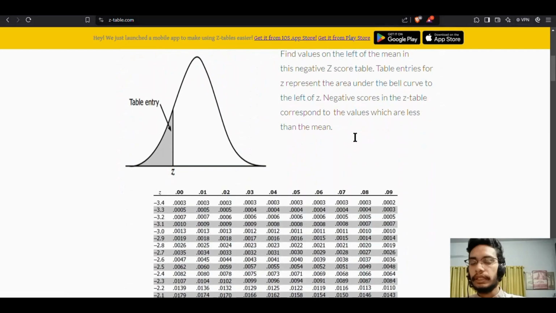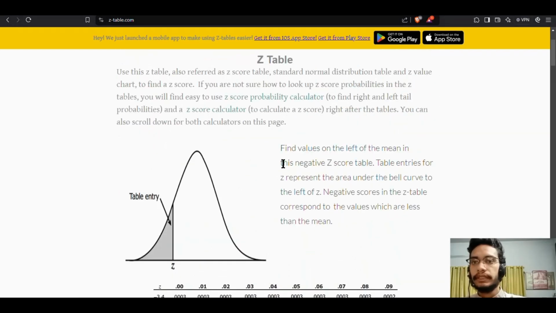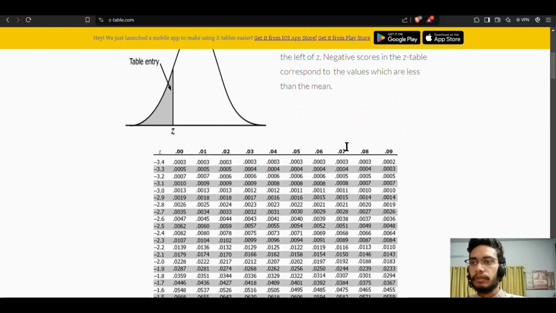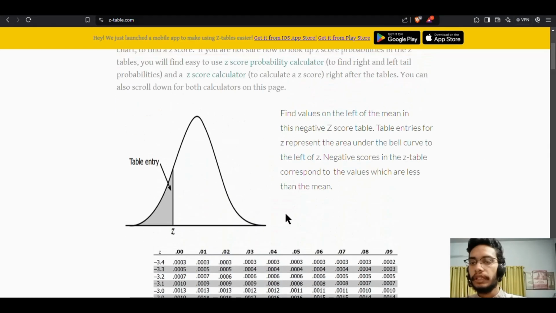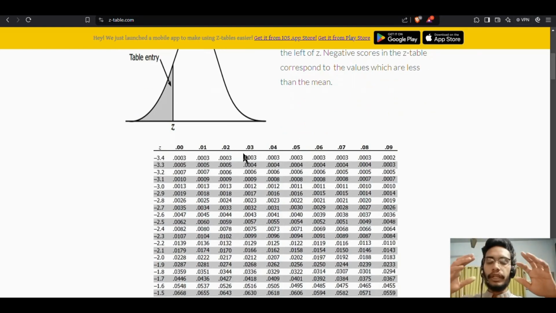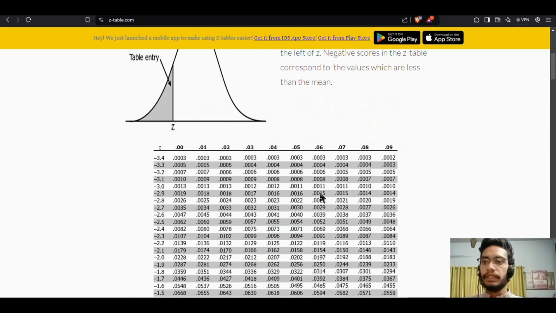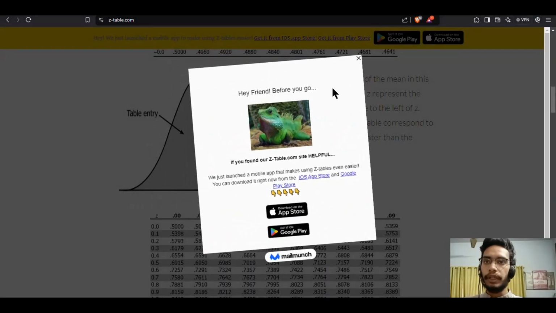This is the Z table, and you can see that you find values on the left of the mean in this negative Z score table. All of these values that you can see are on the left side of the table. So try to remember that all of these values present here, and there is another table right here. So there are basically two Z tables, right?